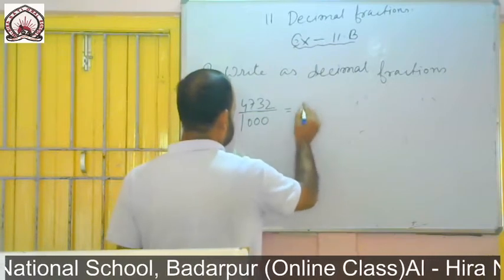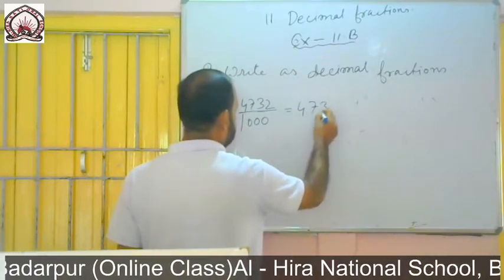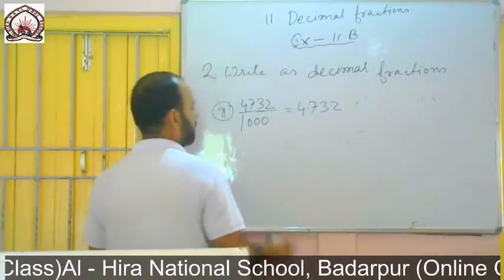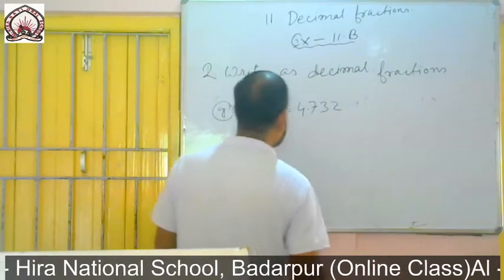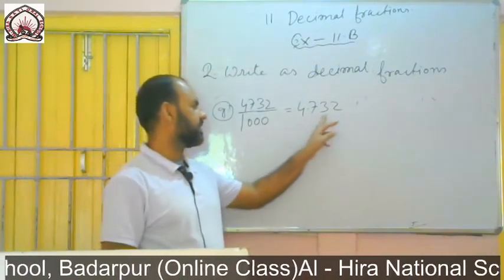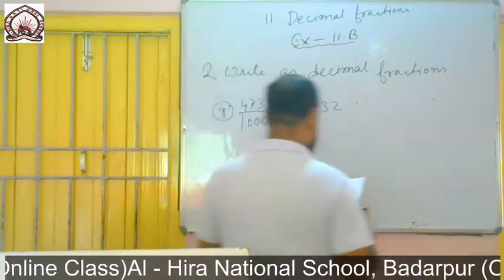So from the right side we count 4 7 3 2: 1, 2, 3. Here we put the point. So the answer is 4.732.